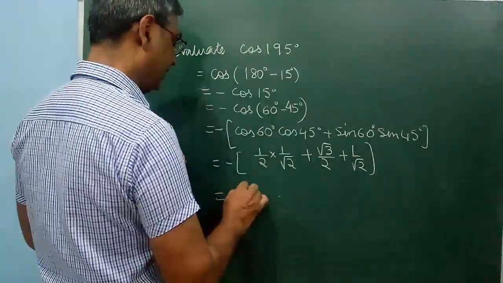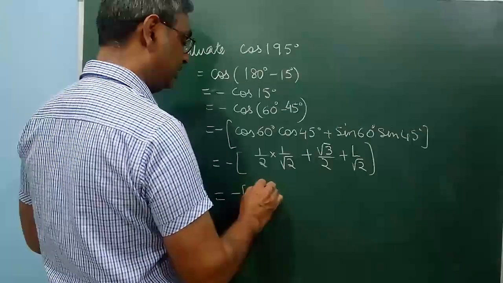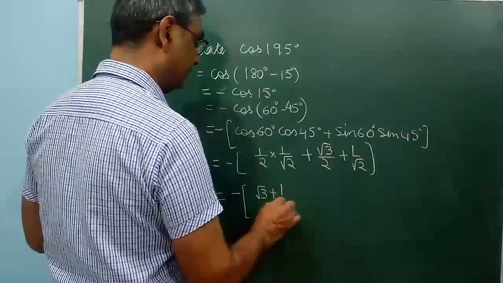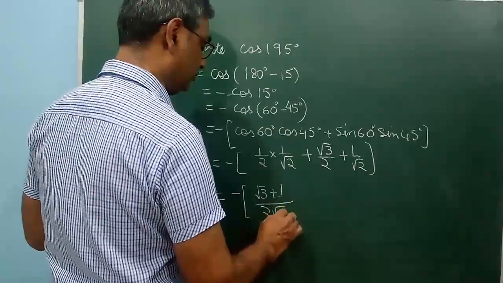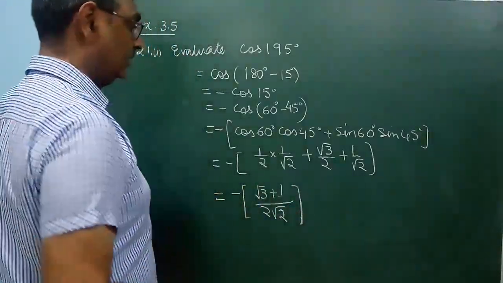So the answer you will get is (root 3 plus 1) by 2 root 2.